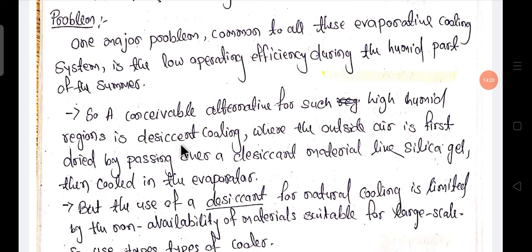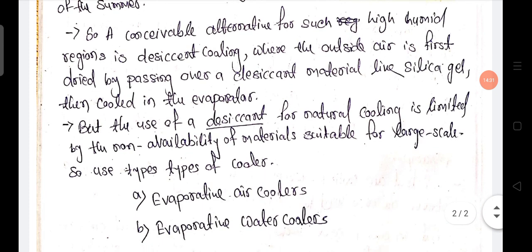But the use of desiccants for natural cooling is limited by the non-availability of material suitable for large scale use of that type of cooler. That means due to the limited availability of the desiccant material or silica gel, we cannot use this technique for large scale operation.